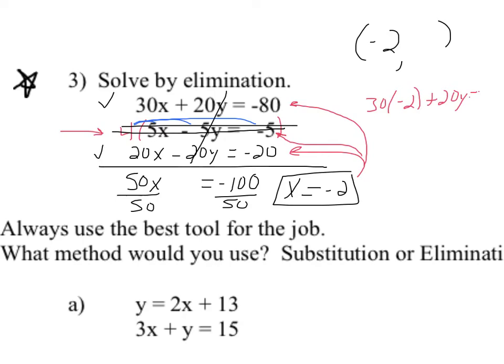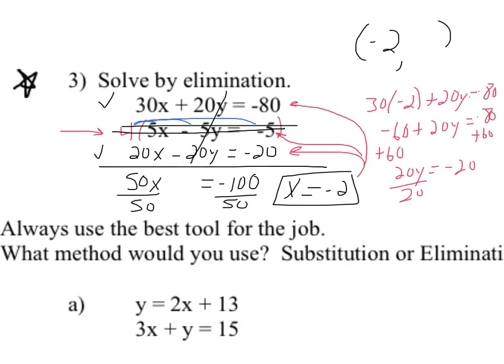They both look interesting to me in terms of plugging it in. They're both long and with big numbers, so just plugging in the number, and I get negative 60 plus 20y equals negative 80. Add 60 to both sides, and we get 20y equals negative 20.